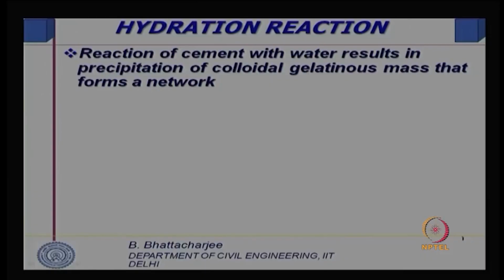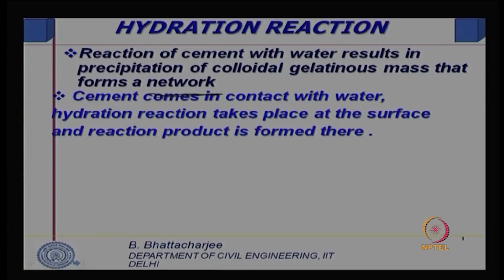The reaction of cement with water results in precipitation of a colloidal gelatinous mass, and this forms a network. When cement comes in contact with water, the hydration reaction takes place at the surface, and the reaction product is formed at the surface itself.